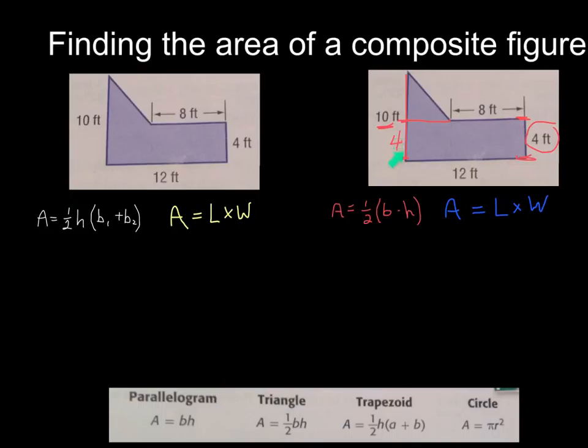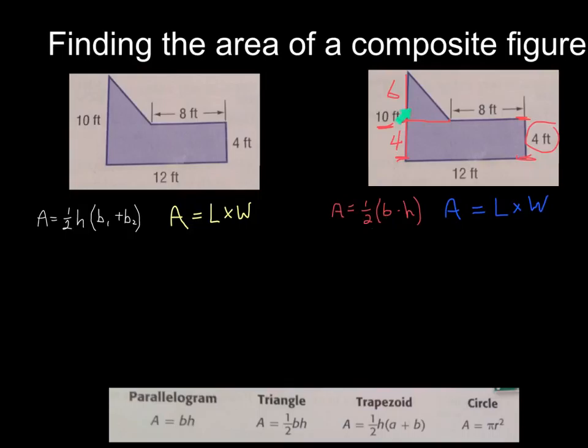So now I'll use what I know. From here to here I know is 10 feet. If this here to here is 4 feet, the rest of the way has to be whatever is going to make it equal 10 feet. So that leaves me with 6 feet over here.